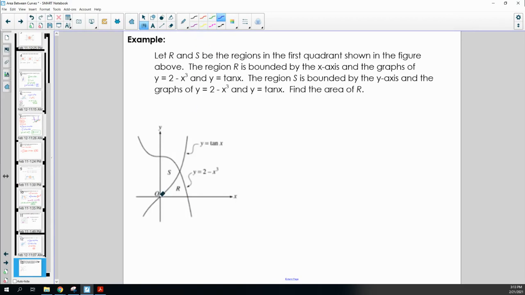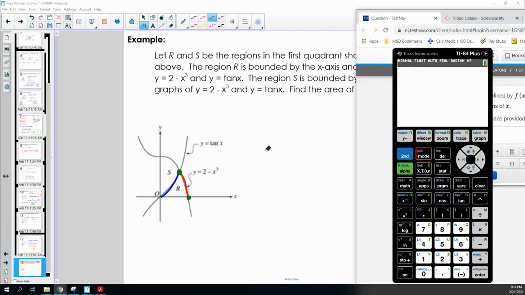So here's this one, and here's this one. The first thing we have to do is figure out our point of intersection, as well as finding out this point here. Because if I'm going from left to right, I know I'm starting at 0, but I'm going to this x value for the first integral, and then to this x value for the second integral. So I'm going to plug this right into my calculator. I go to y equals, I already put them in there, and I hit graph.